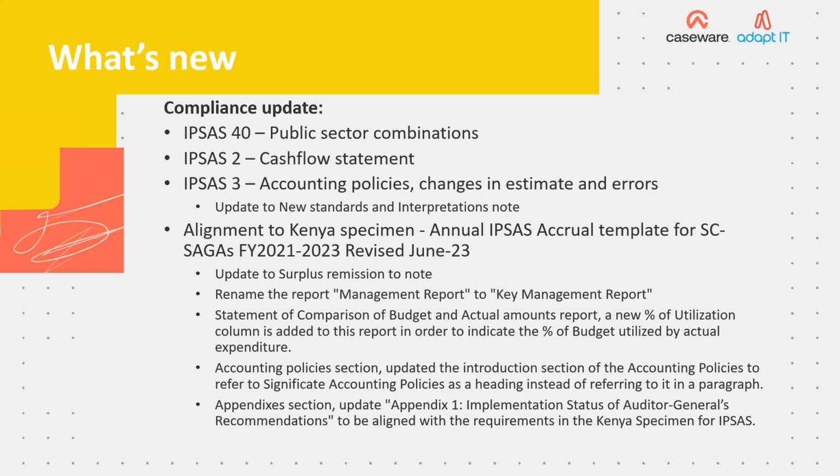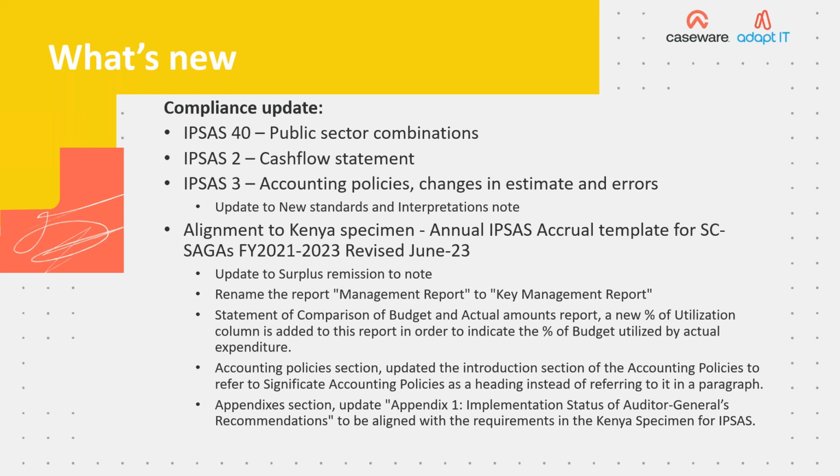We added a column for the percentage of utilization, and we also changed a bit of the intro paragraph. That one, I must say, is really aligned more to the changes that we see globally on the presentation of material accounting policies or significant accounting policies. I think there's a lot of things that will happen with accounting policies in the next year or two.